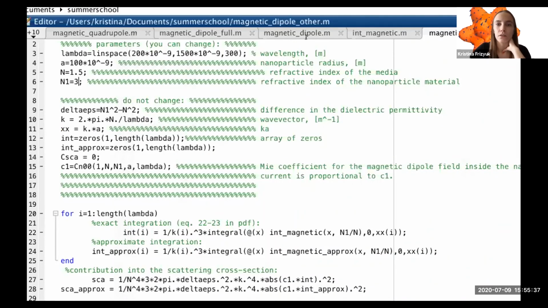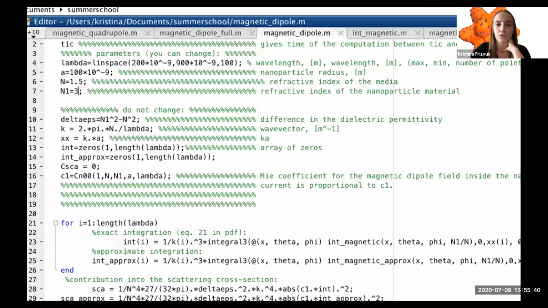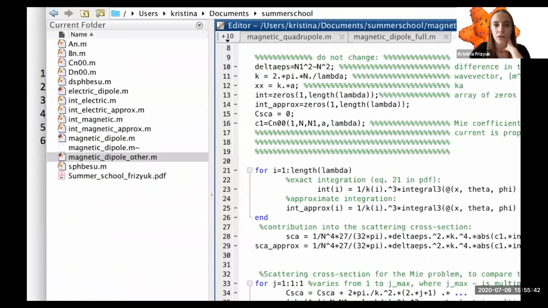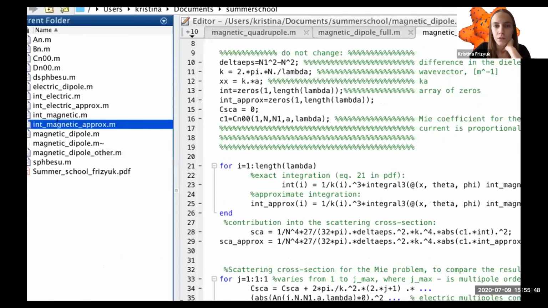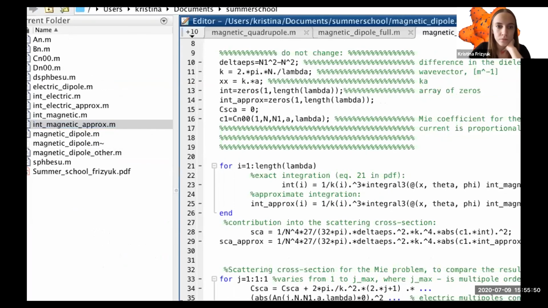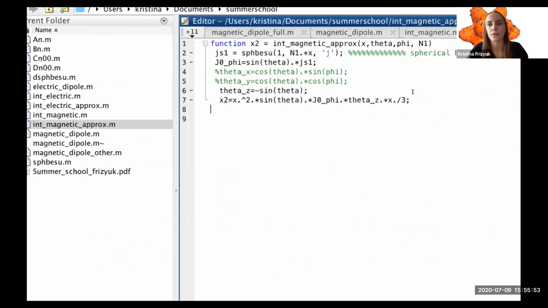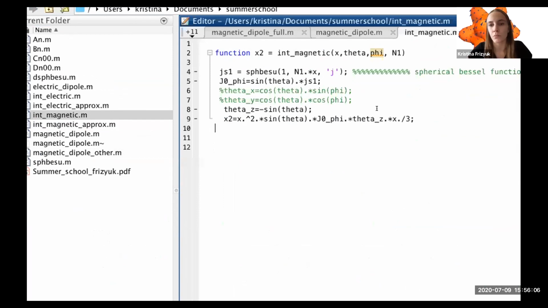Okay, and what you needed to do is to take your approximate function. I need to open it. Yes. And here you see this term is just a decomposed Bessel function. And let us put the same into the exact function. We need to put here the Bessel function instead of this.